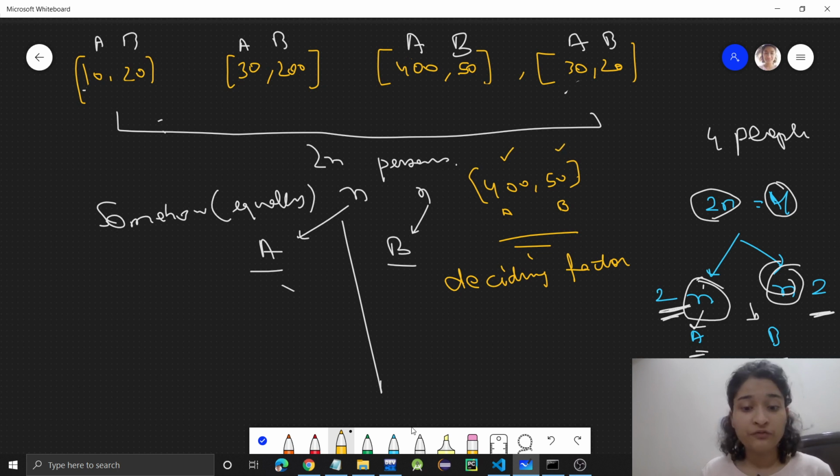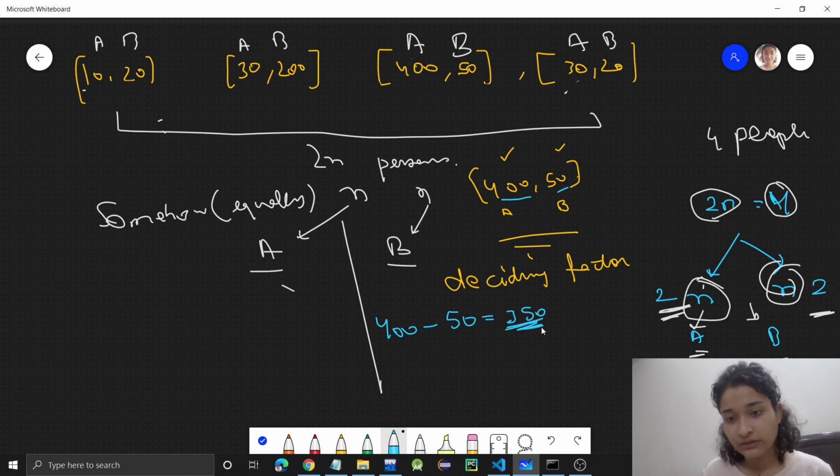See, there is a very large difference between the cost of A and B. 400 minus 50, this is 350, right? Meaning it's a very big difference.